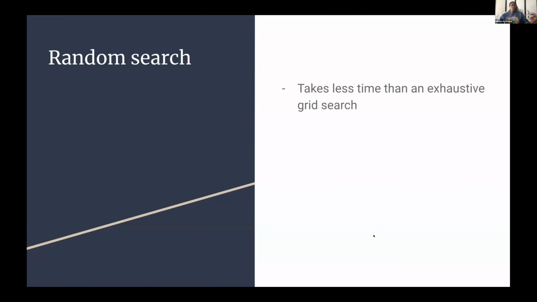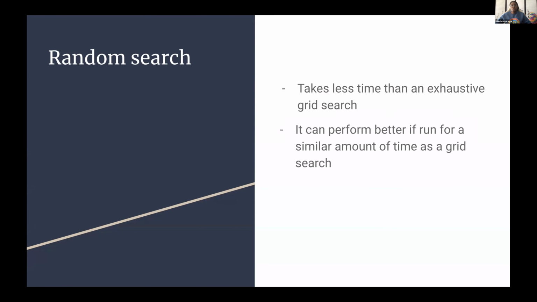So random search is another approach that ML engineers take to tuning hyperparameters, but it does take considerably less time than an exhaustive grid search. So with the random search, it's just gonna hop around the values that you give it. So if you do have 100 hyperparameters, each of them have 10 values each, it's not gonna go through every possible combination of those values.